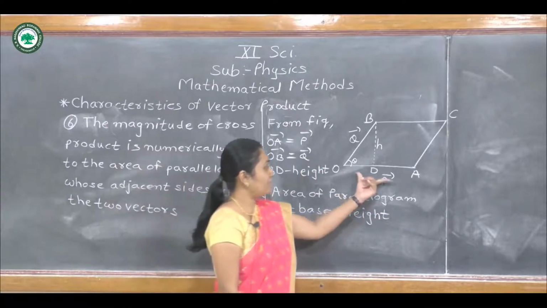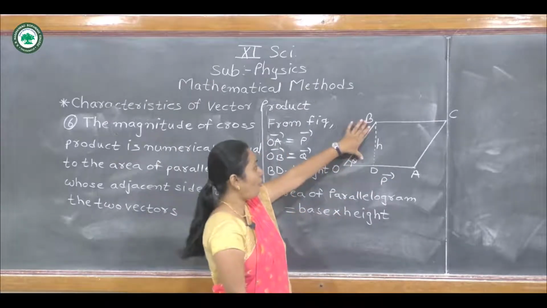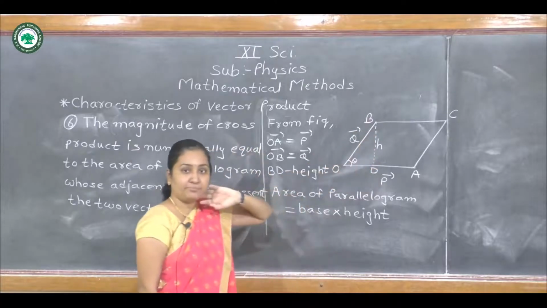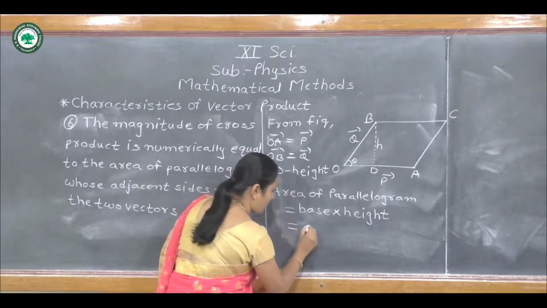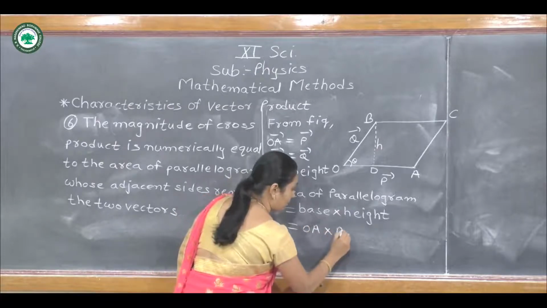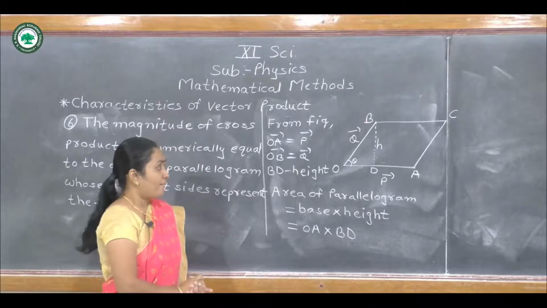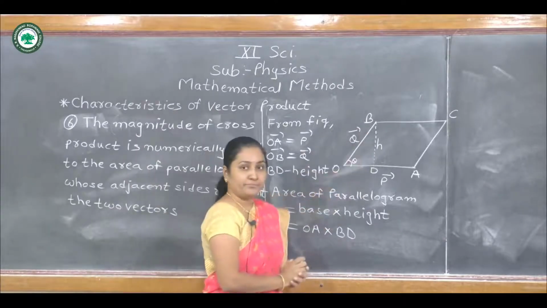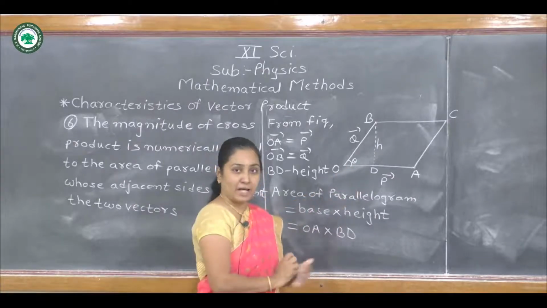Base is OA and height is BD. So we can write here OA into BD.